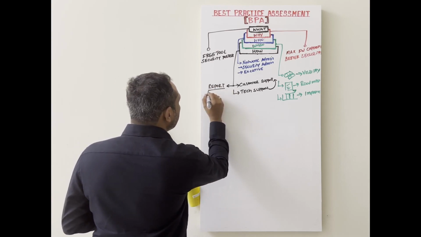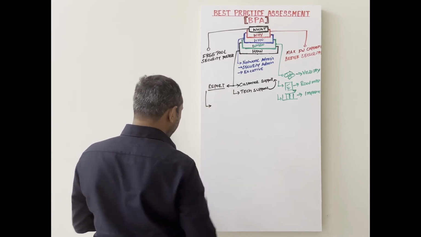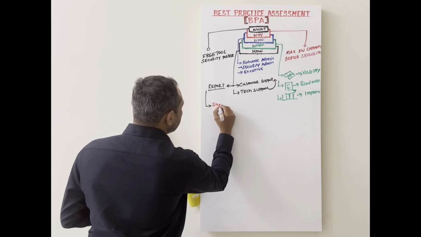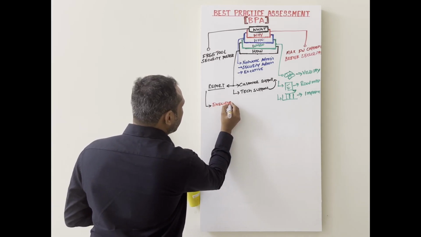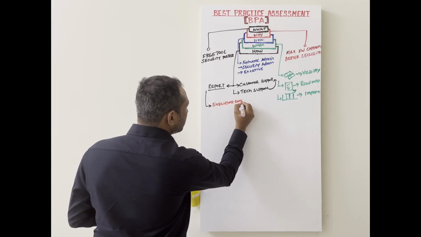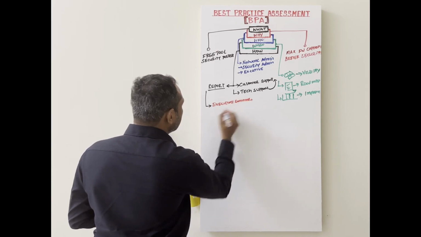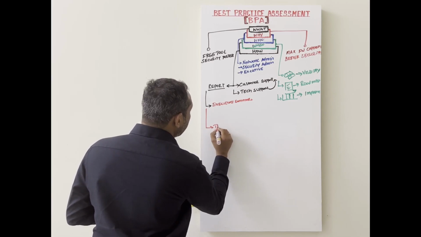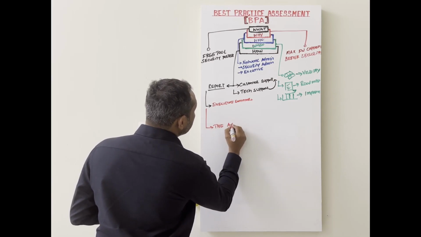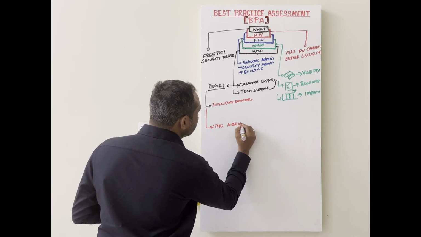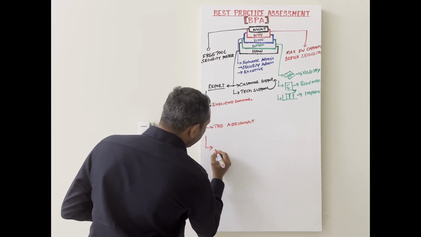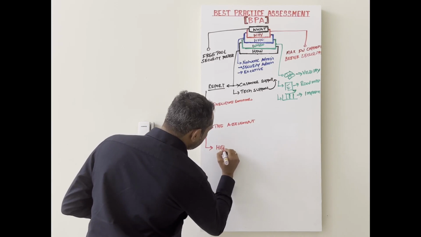This report consists of three things. One is executive summary, then you have the assessment itself, then you have something called heat map.